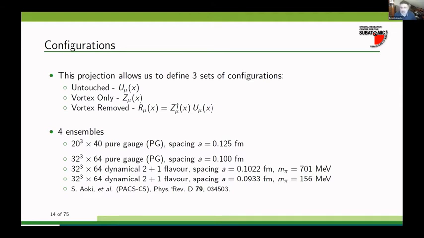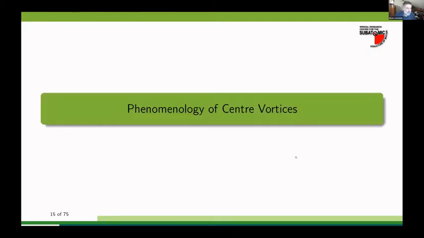We're grateful for them sharing those configurations generously through the ILDG. And we've also created a pure gauge configuration to match the lattice spacing and let us understand the role of dynamical fermions versus the pure gauge sector.